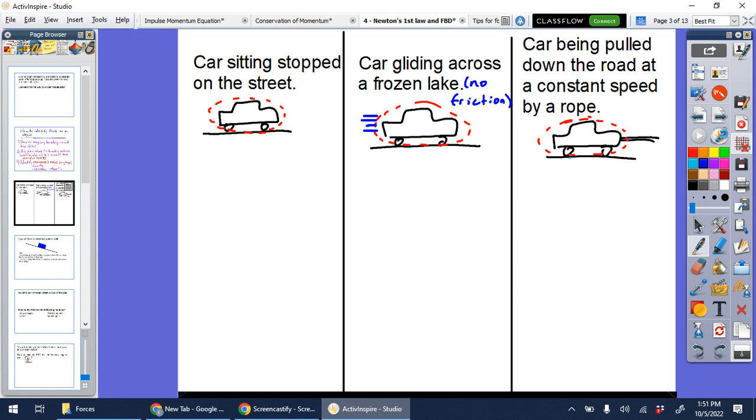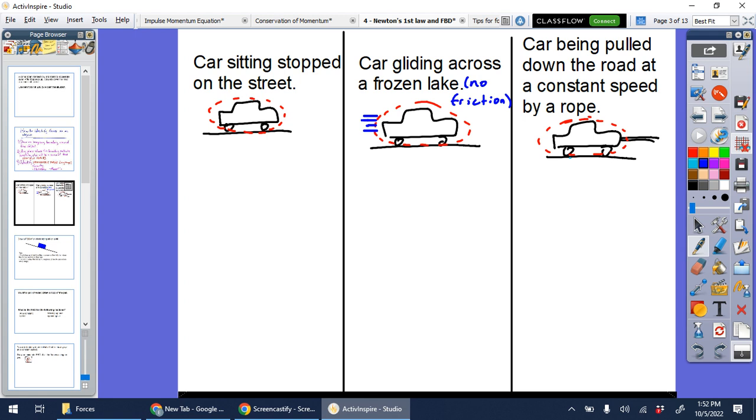I drew a little dotted red boundary to kind of help you visualize, like you're isolating the object and trying to see what's touching it, right? The second one is the car driving, or is it coasting?